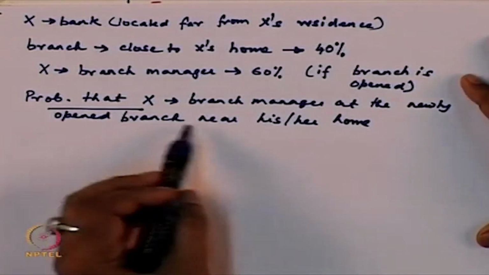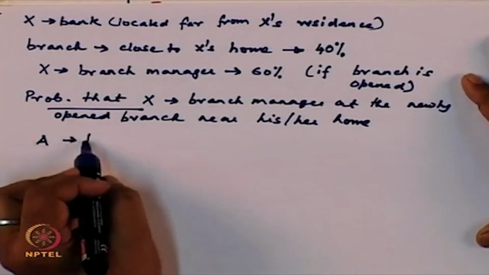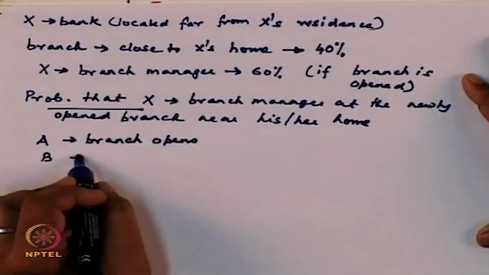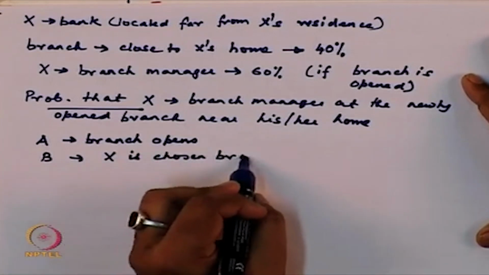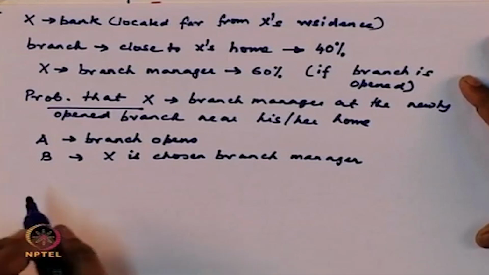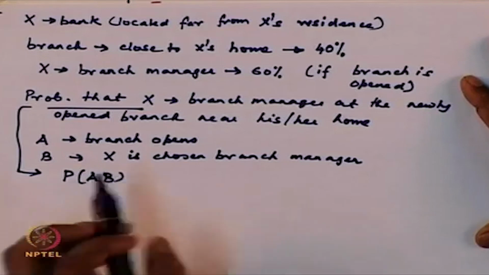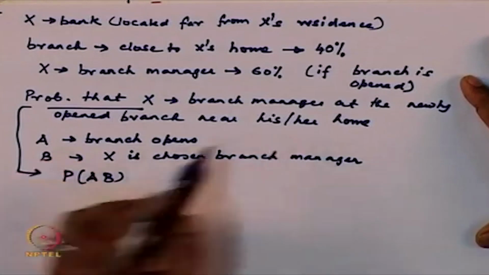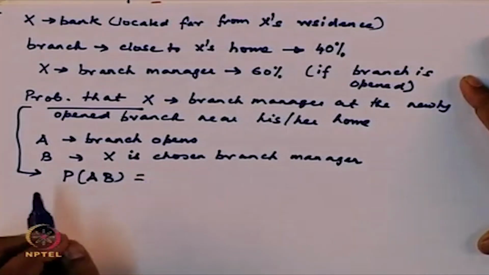Let us say I define the event A, that the branch opens, and B is that X is chosen branch manager. What we have to calculate here is probability of A and B, which means that the branch has been opened and he is the manager there. So, how will I use conditional probability to solve this problem?